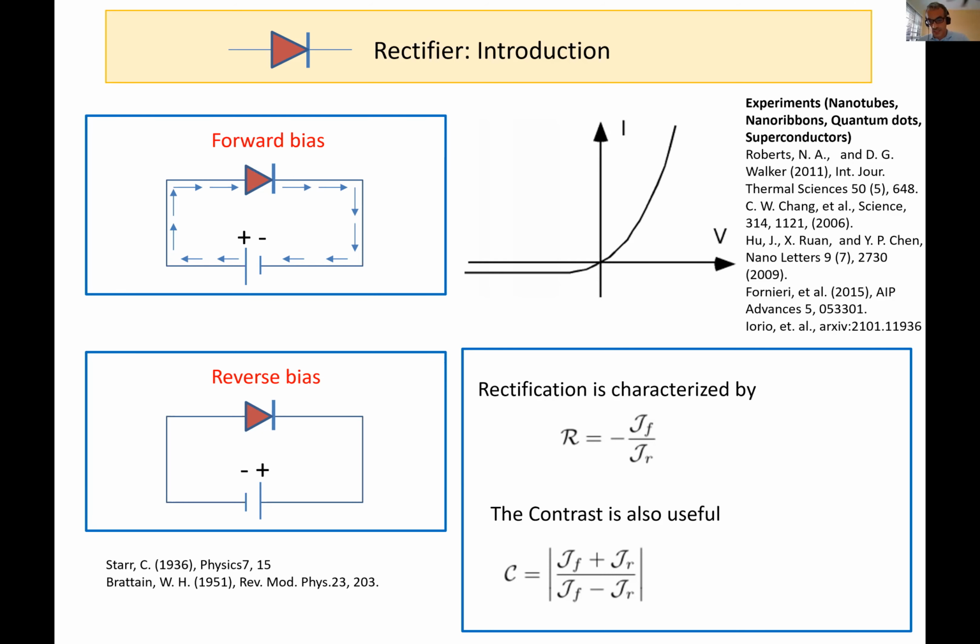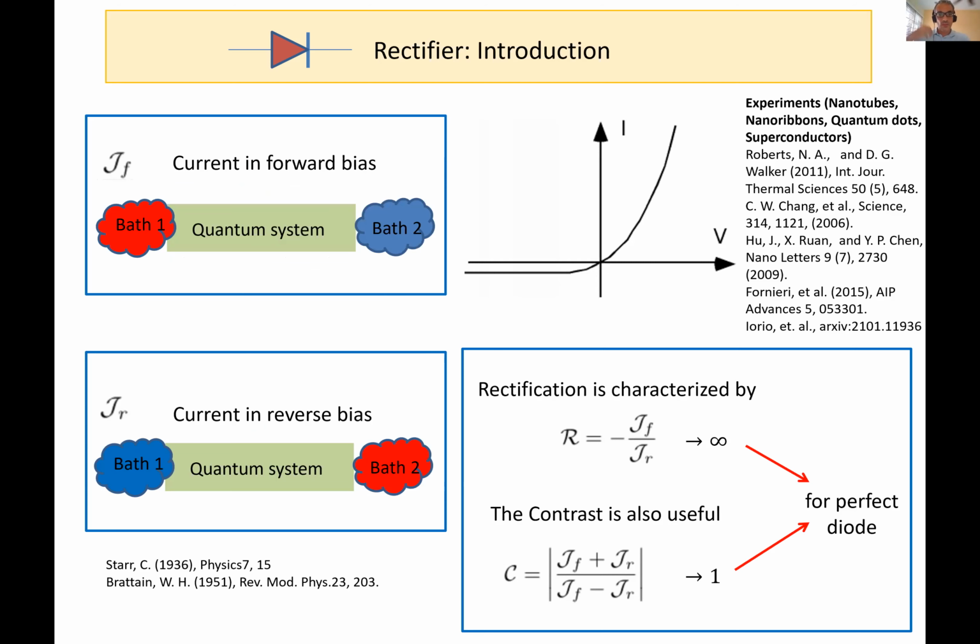To have an idea how these work, the rectification would be 1 when there is no rectification, and the contrast will be 0 in that case because J_F equals minus J_R. And for a perfect diode, the rectification will go to infinity, and the contrast will go to 1.